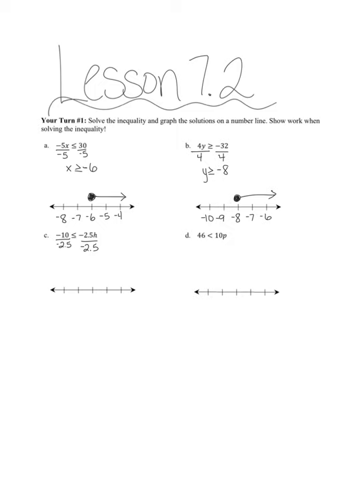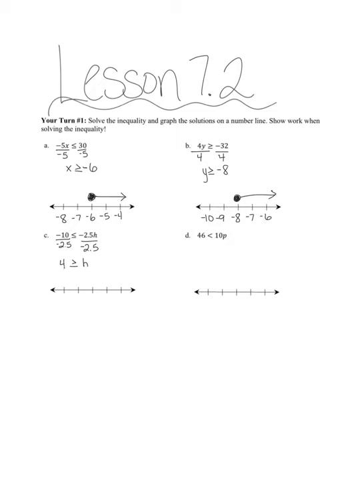So on the right side, I have just h. And then because I'm dividing by a negative, my inequality sign flips. And then negative 10 divided by negative 2.5 is positive 4.